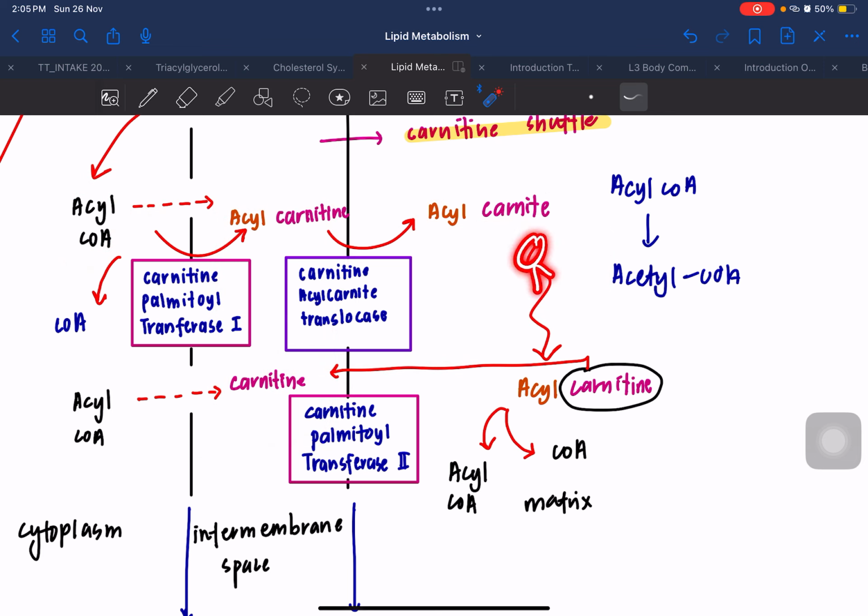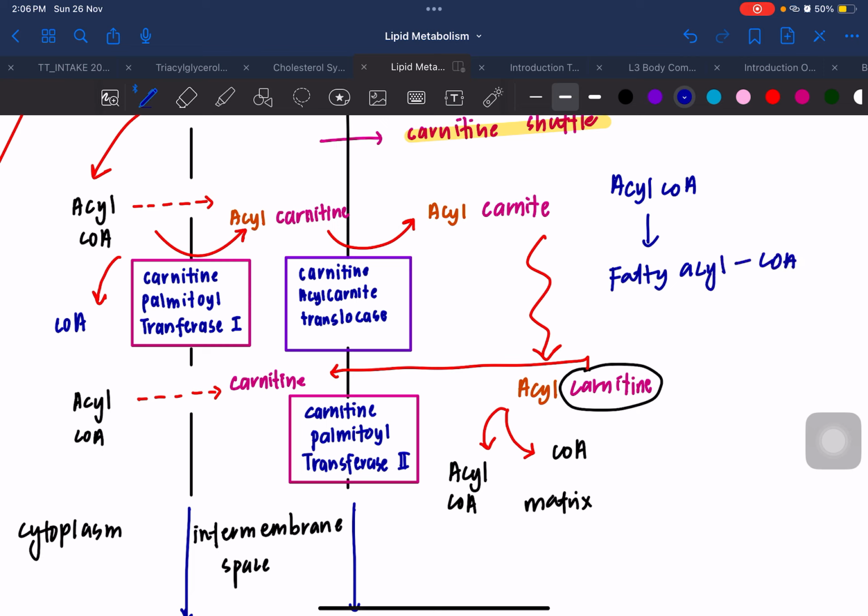So acyl ni pun akan, sebab kita kena tukar acyl CoA to the fatty acyl CoA. Faham tak?